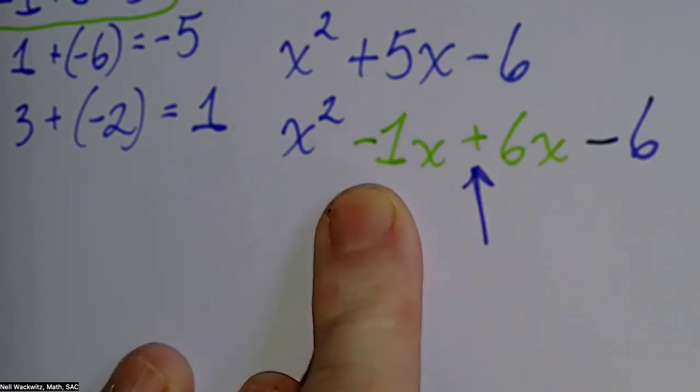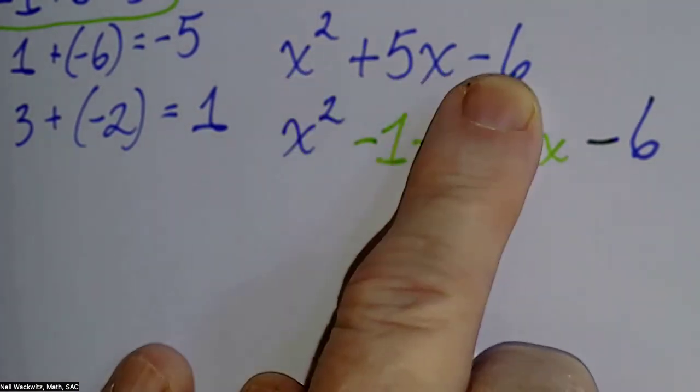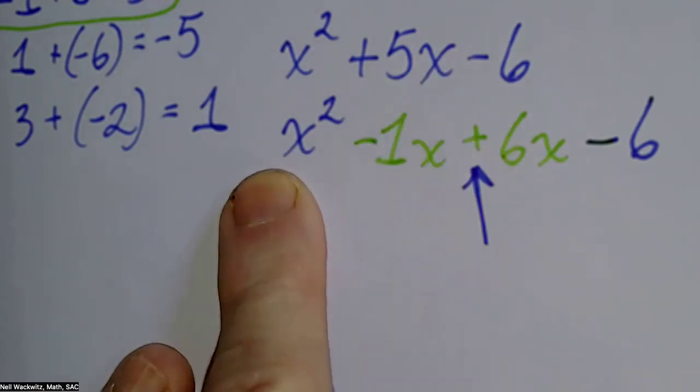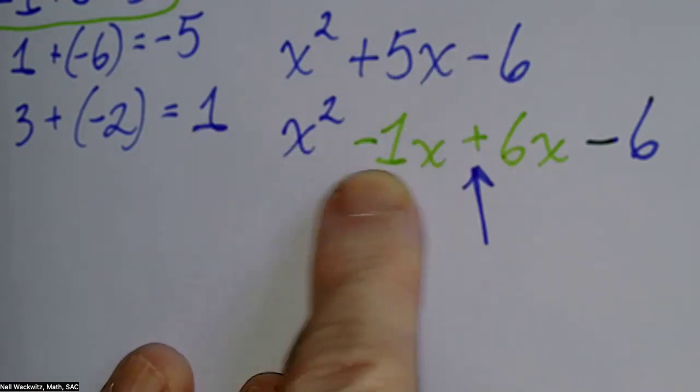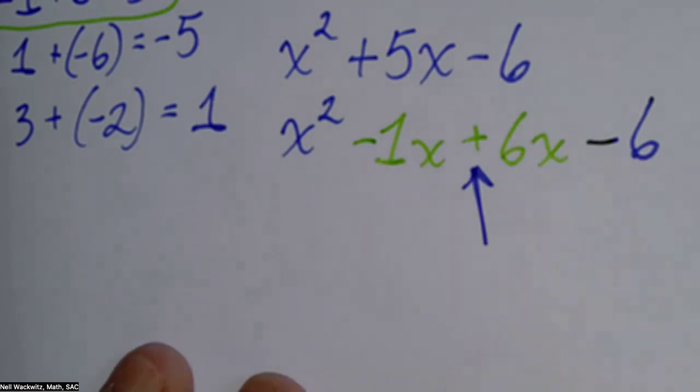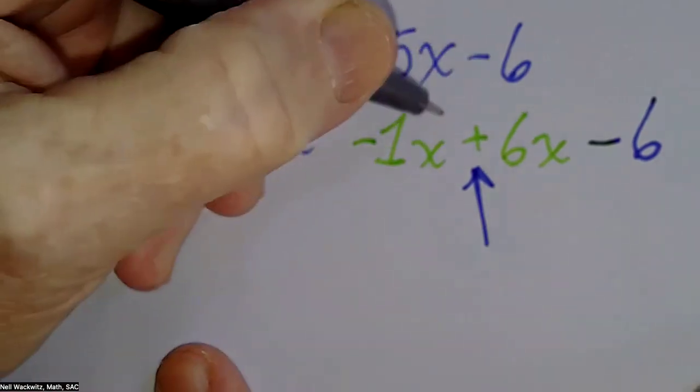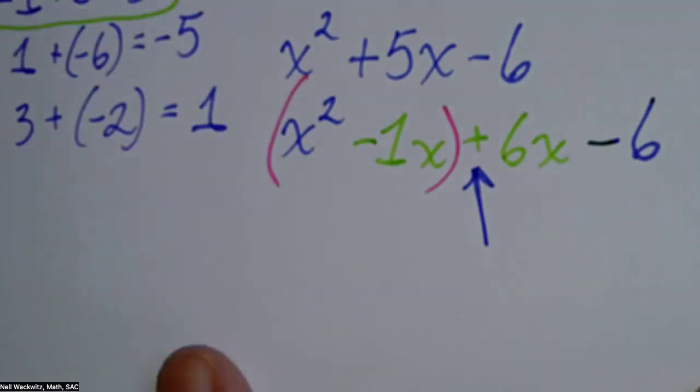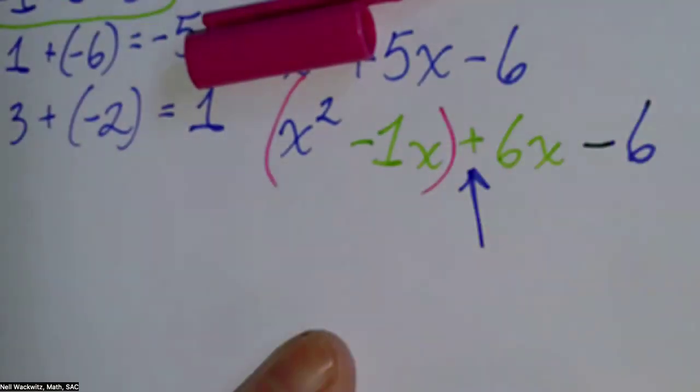Why do you think we took 3 terms and rewrote it in a special way as 4 terms? Because you can separate them into 2 groups. That's right. And we can therefore factor by grouping. Very good.